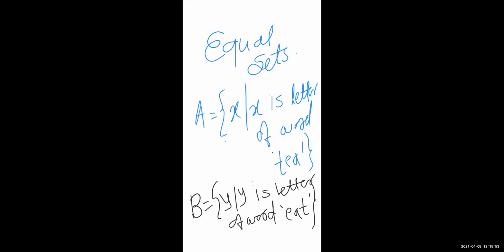Now in both these cases, if you make the list, what will you get? In the first, what will you get as the list of the word TEA? What are you going to write down in a list? T, comma, E, comma, A. Yes, because there is no repetition.